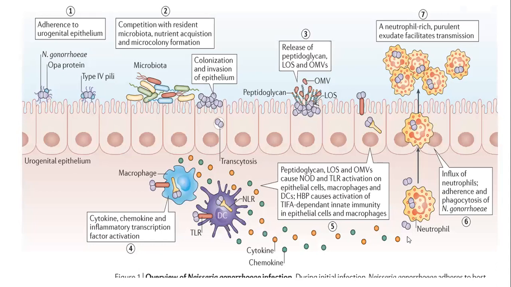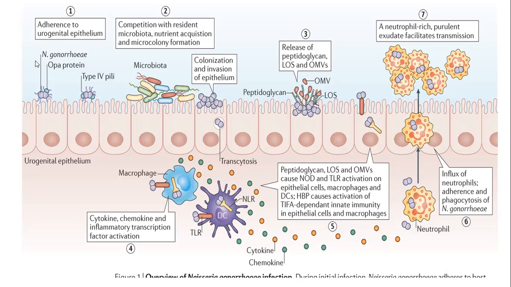On this slide, you can see the pathogenesis of gonorrhea. First of all, bacteria adhere to the urogenital epithelium. For this process, it has very strong fimbriae and pili, and by these pili it adheres very strongly to the urogenital epithelium.